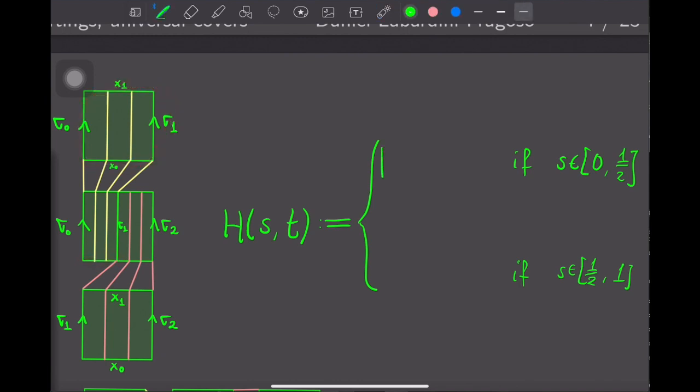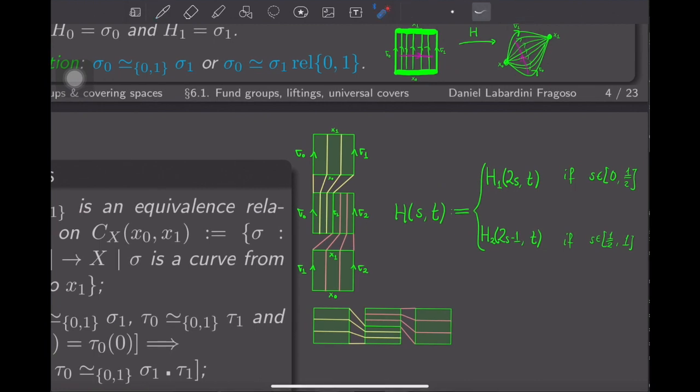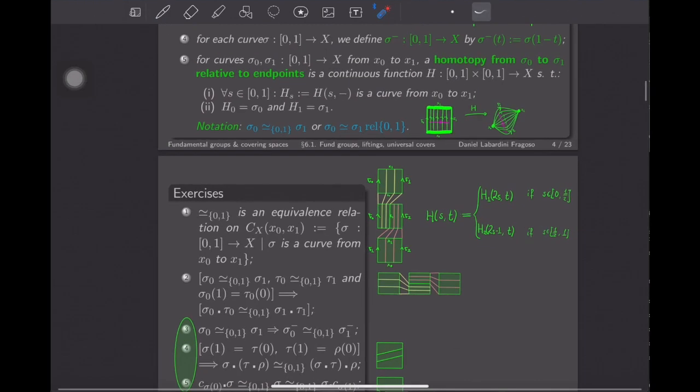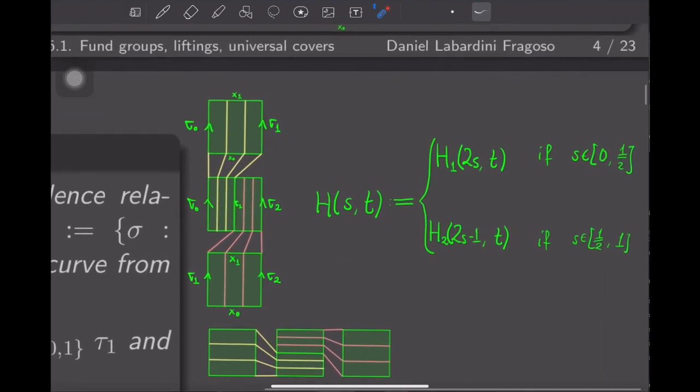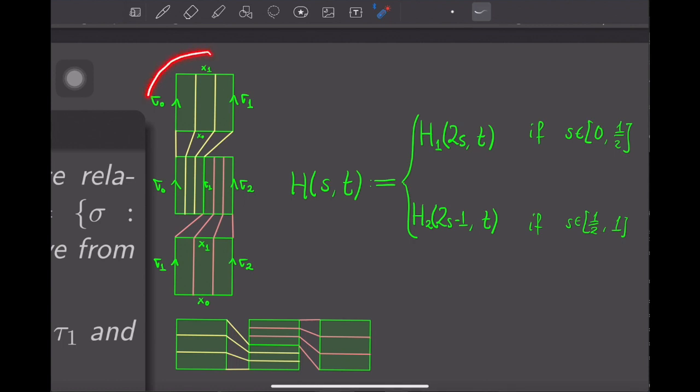So it would be my H1 of 2S comma T, and in the second one I have to multiply by 2, but then I end up in [1, 2], so I have to subtract 1, so it would be H2 of 2S minus 1 comma T. And here, of course, H1 and H2 are my homotopies given a priori, because I wanted to prove transitivity.